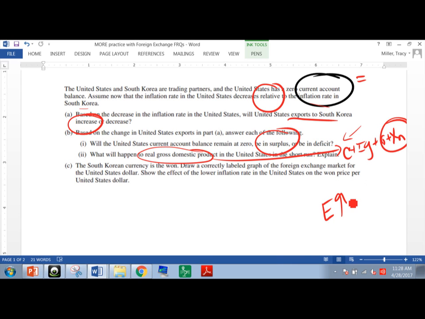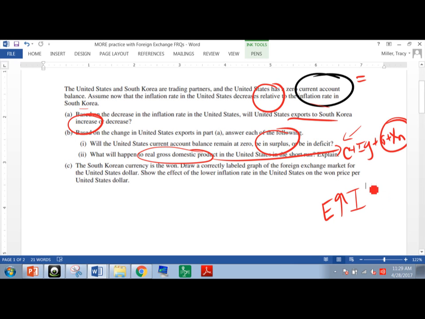So if somebody's in the market for a car and they're looking at a Toyota, a Ford, or a Hyundai, the South Korean car is going to be more expensive. So fewer people are going to buy that South Korean good. It's not like Americans are just sitting around being like, oh, have you heard about prices in South Korea? They're so expensive. No, we demand a country's currency based on the goods that we're buying.